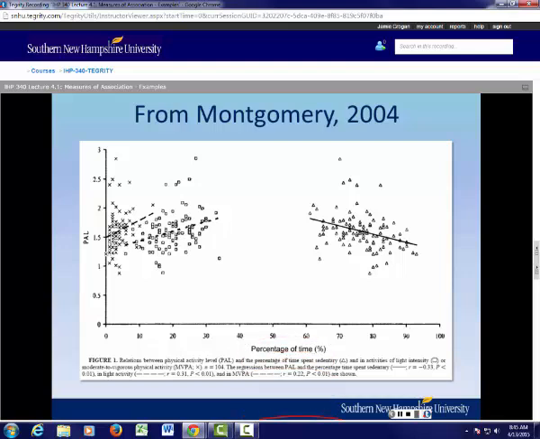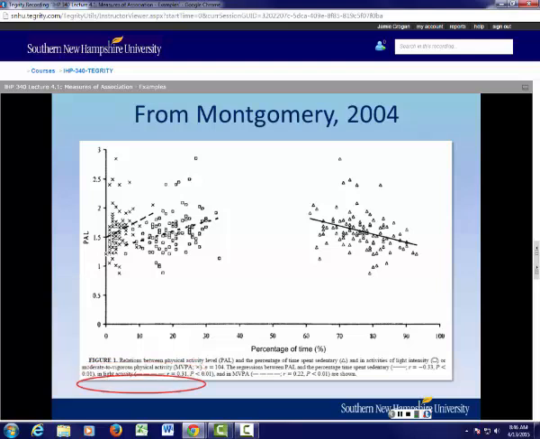One of those was percentage of time spent being sedentary, and on the graph these are represented by little triangles. They also looked at percentage of time spent performing activities of light intensity. These data are little squares on the graph. And they also looked at the percentage of time that children spent performing moderate to vigorous physical activity, and those are the little X's on the graph.